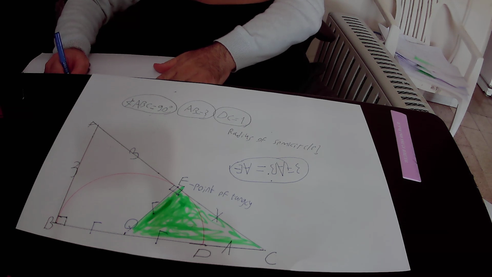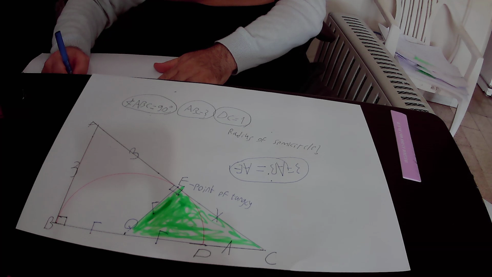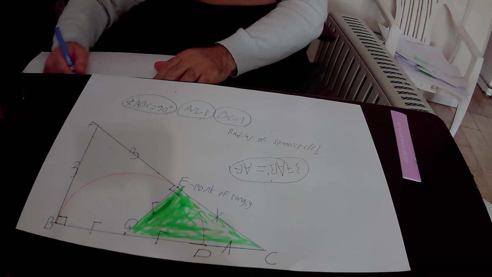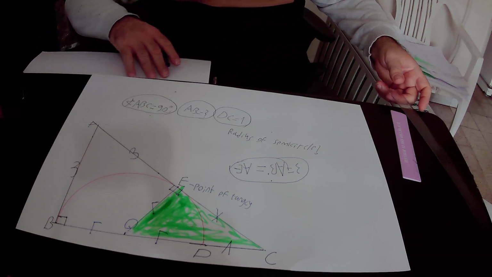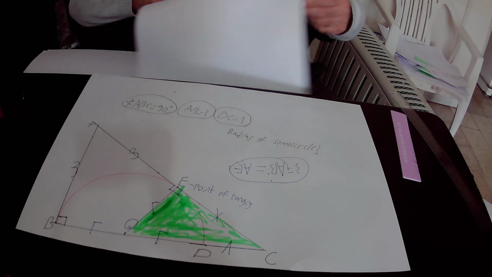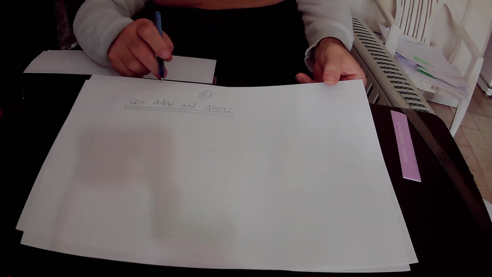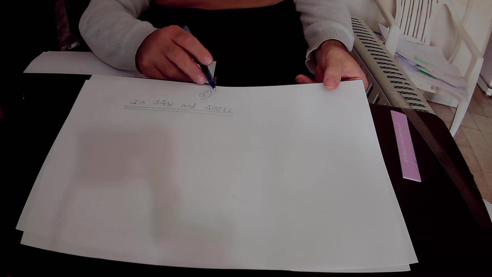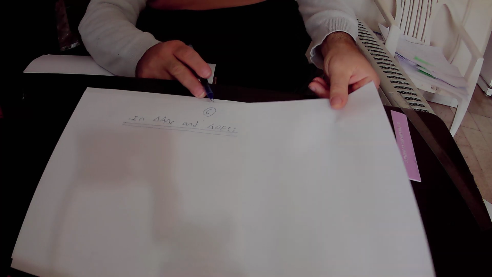And we will actually prove that the triangle ABC is similar to triangle OEC, the green triangle. So we will focus on the right big triangle, triangle ABC, and on the green right triangle, triangle OEC.